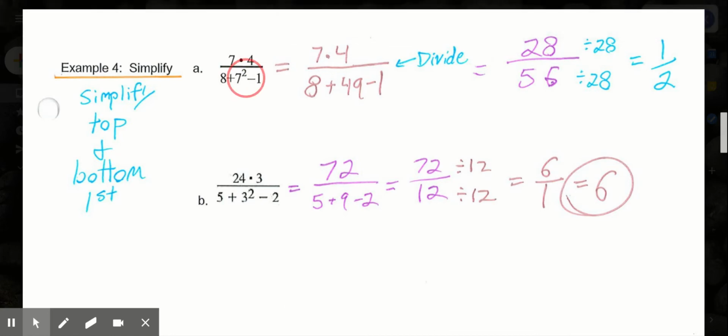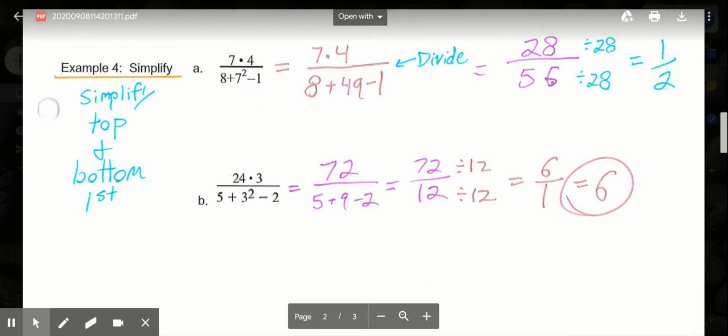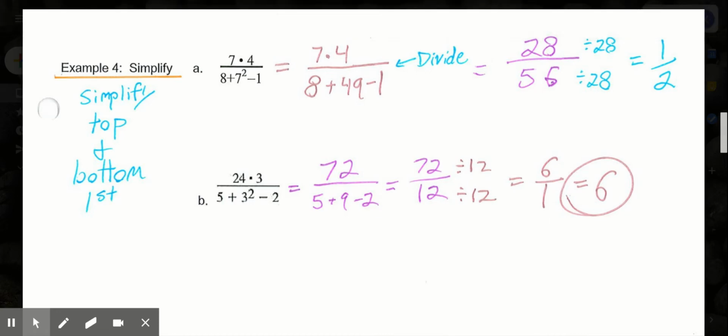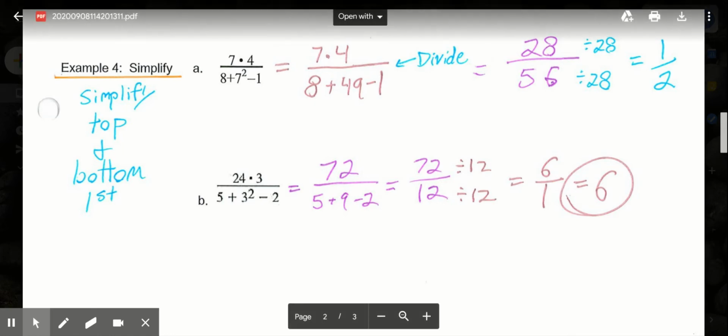So on bottom, I can simplify starting with the 7 squared, which is 49. So on top, I have 7 times 4, which is 28. And on bottom, I have 8 plus 49 minus 1. So going left to right, that would be 8 plus 49 is 57, minus 1 is 56.